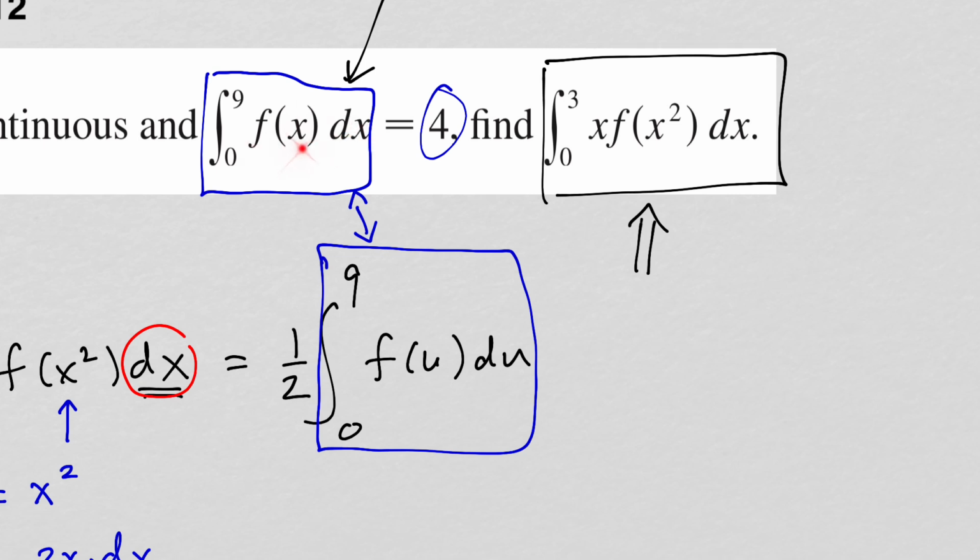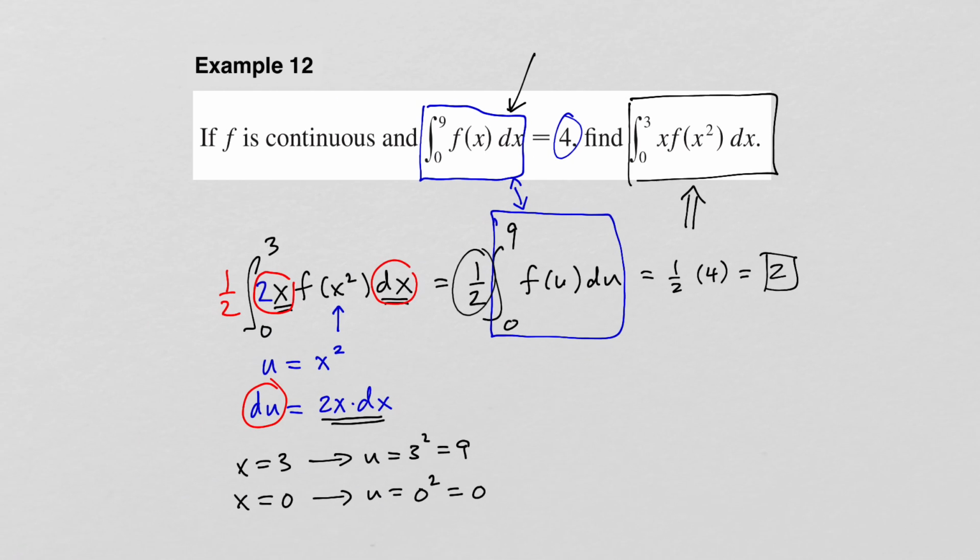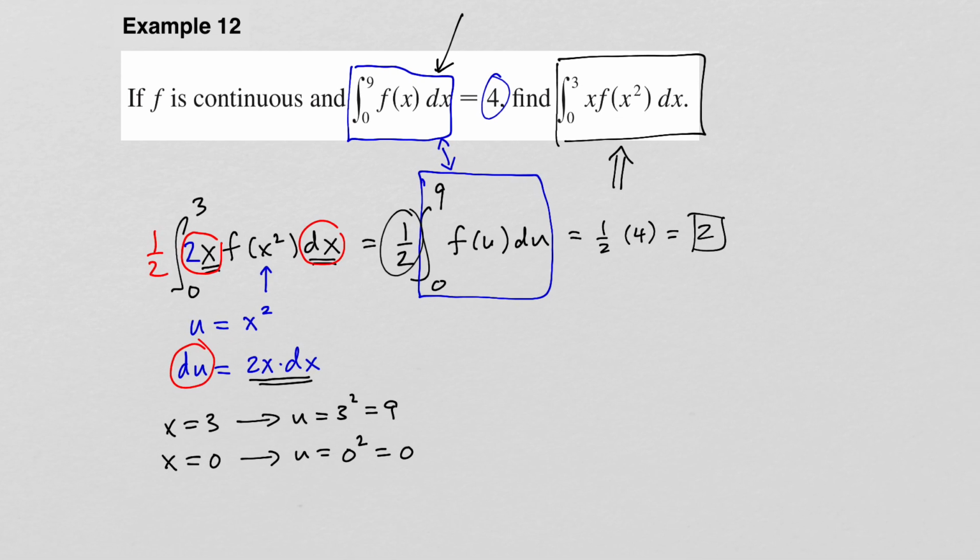If you have the exact same function, it's the same value. So we know that this is equal to 4. So we have a 1/2 out here. That's just going to be 1/2 times 4, which is 2. So just an interesting kind of different problem here, but it still uses the same basic principles of substitution.